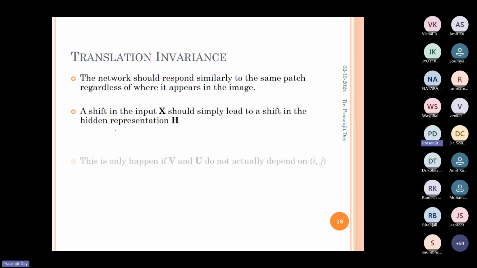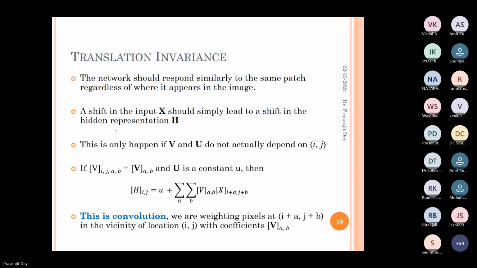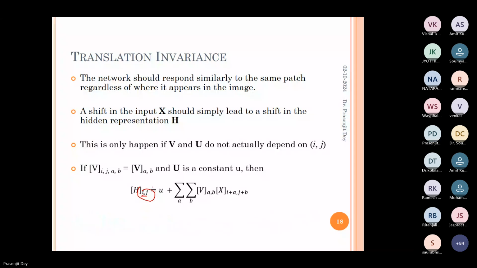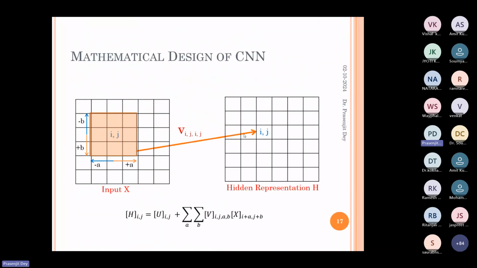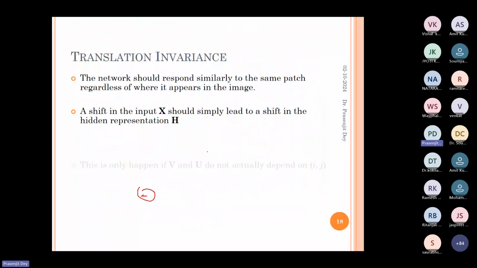So I can come up with a better representation like this. For the computation of the hidden representation Hj, for the hidden node at position ij, I should ignore the input index. Your hidden representation should be independent of the input positioning, and that is called translation invariance.